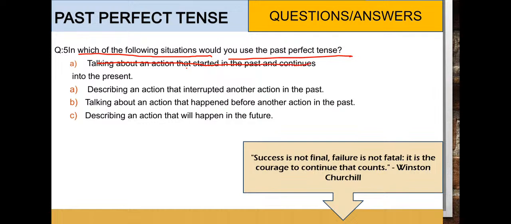No, it is not continuing. It has been done. Describe an action that interrupted another action in the past? This is continuous, past continuous. Talking about an action that happened before another action in the past? Yes, this is correct. Describe an action that will happen in the future? No. The third one is correct, like something has been done before any other action.